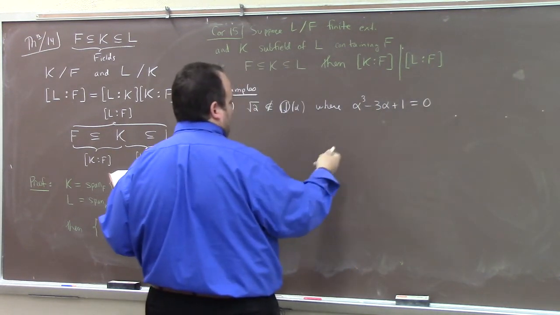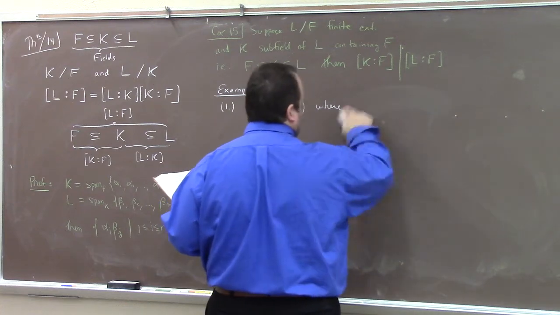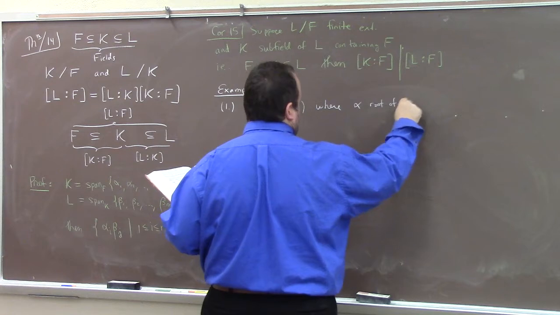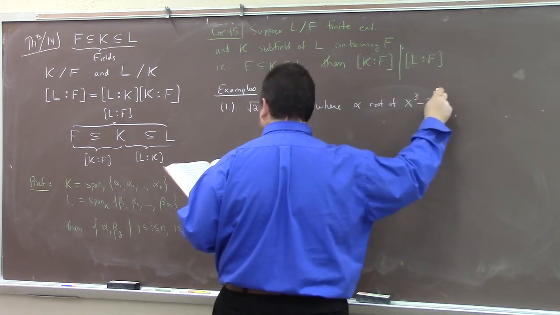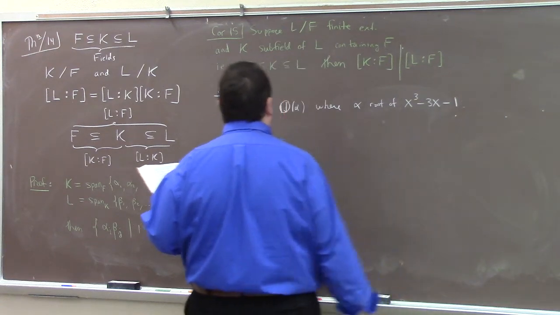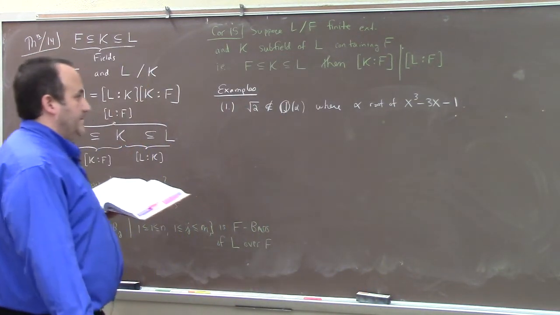He says alpha is a root of x cubed minus 3x minus 1.